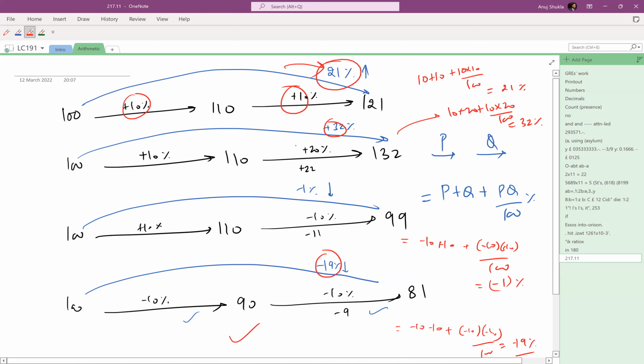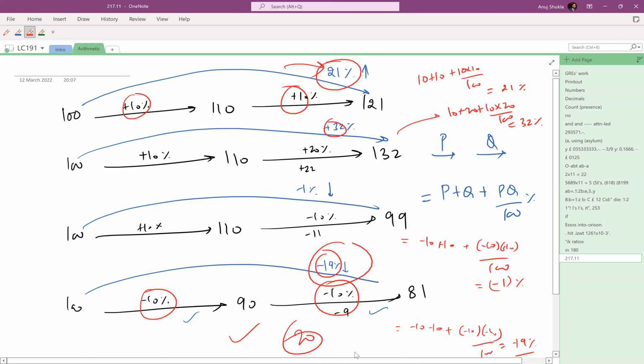The summation will be 20%, but the overall change is 21. Same case here: if you have two consecutive reductions, the overall reduction will be less than the summation of those two. The summation is 20% reduction, and how much overall are you getting? You are getting 19.